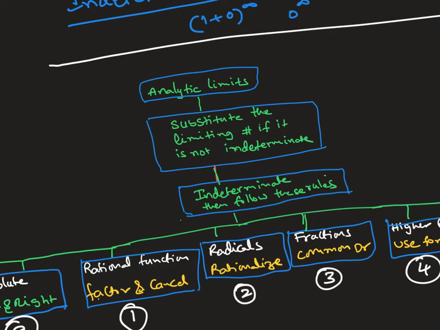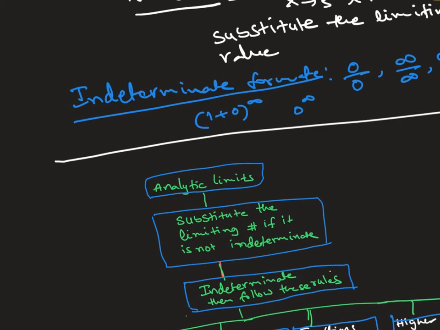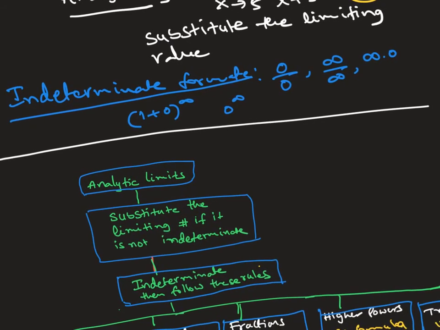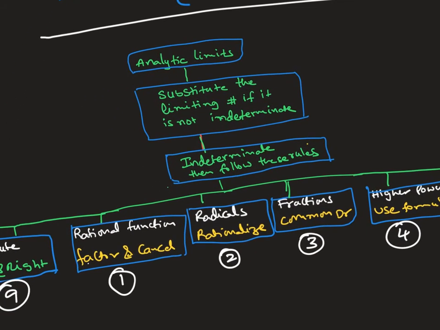Analytical limits. The first step is you substitute the numbers. If it's not indeterminate, in the sense if it's not one of these forms when I plug in, then you just plug in. That's it.